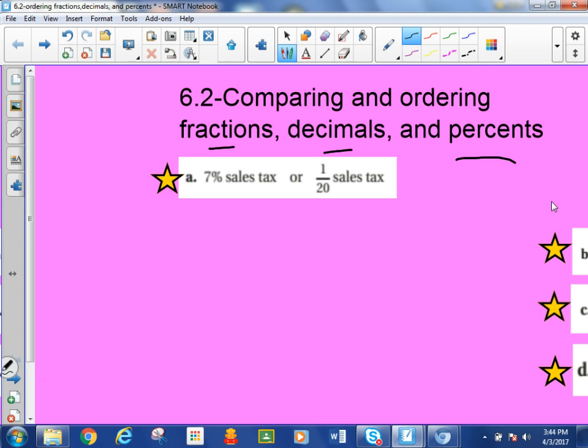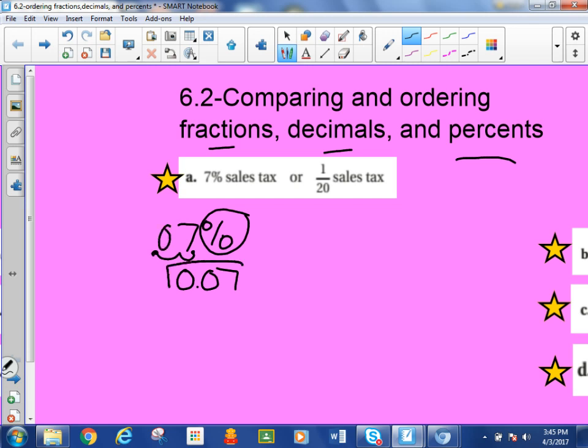So I think the easiest way would probably be to put into decimals. So we remember, how do we take 7% and put that into a decimal? Well, I remember that this percent means 100, so 7% means 0.07, right? Because I moved my decimal, I go 1, 2.